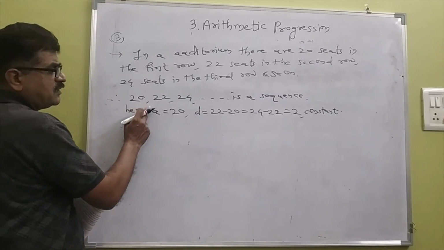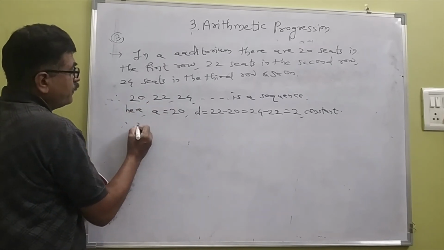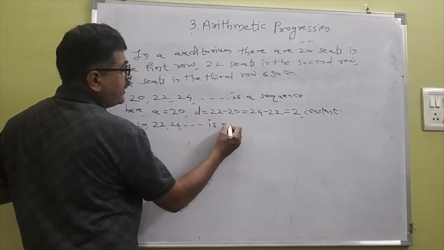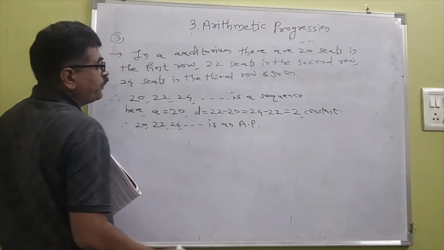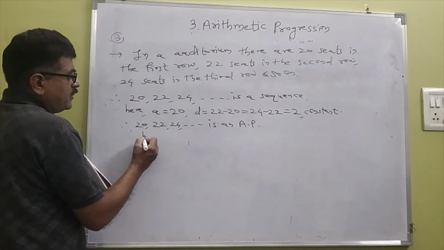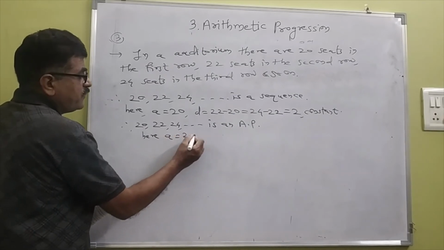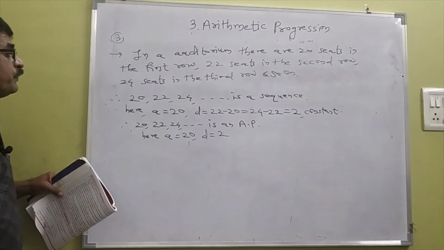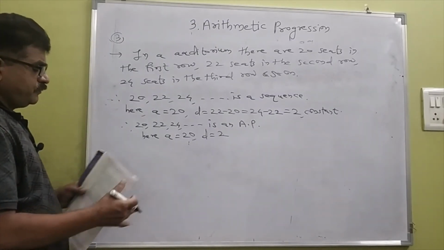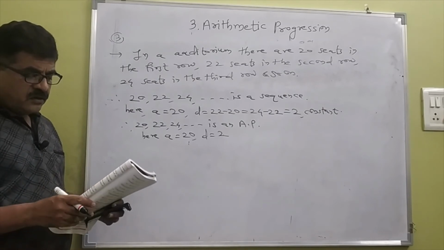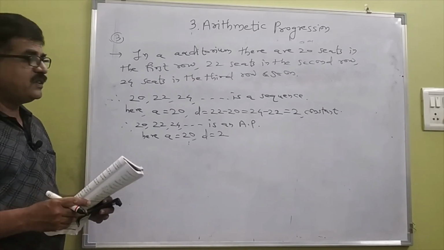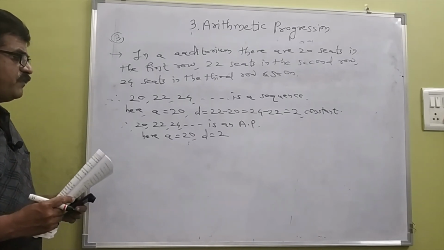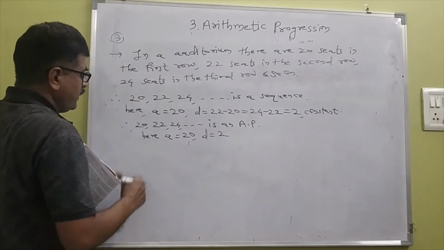Therefore this sequence 20, 22, 24 and so on is an AP. Here the first term a is 20 and the common difference d is 2. Now we have to find the number of seats in the 15th row, that is T15.